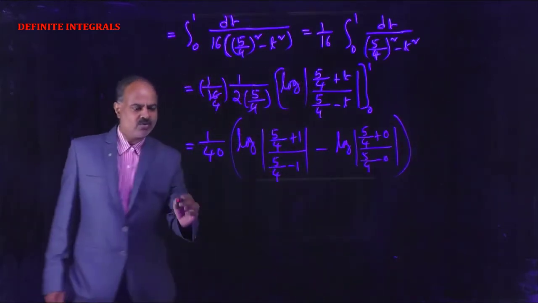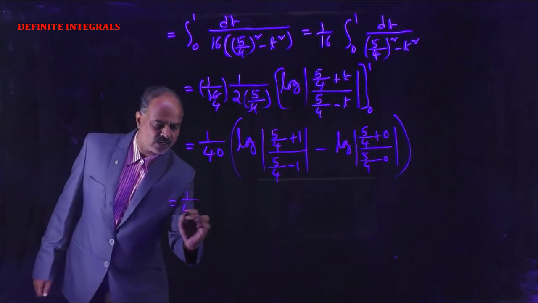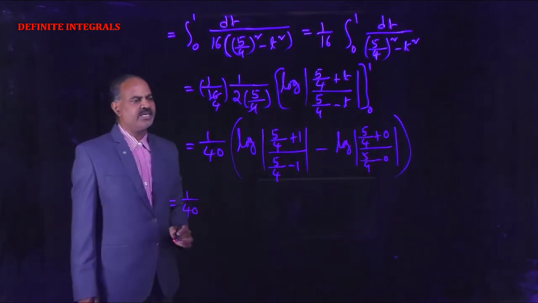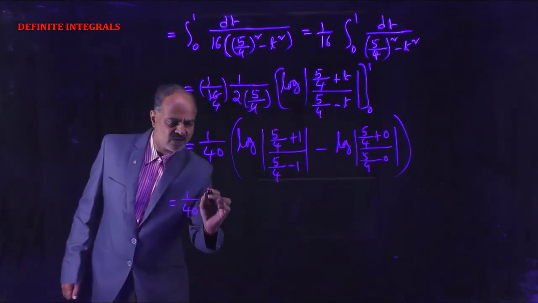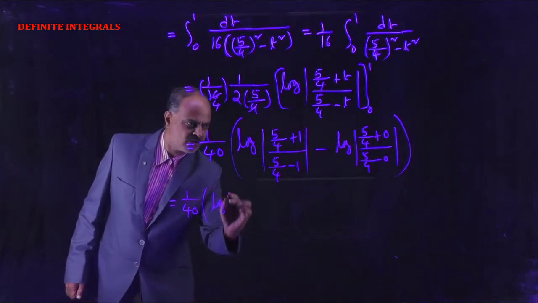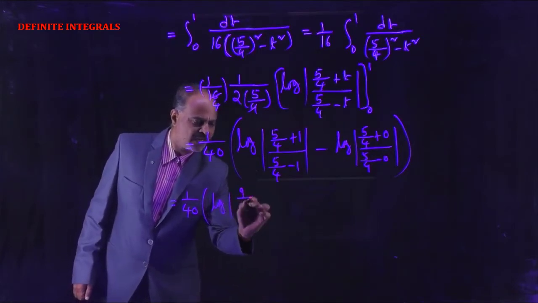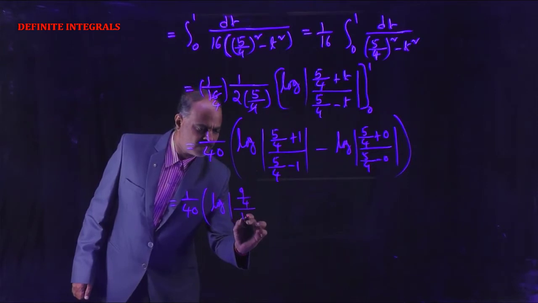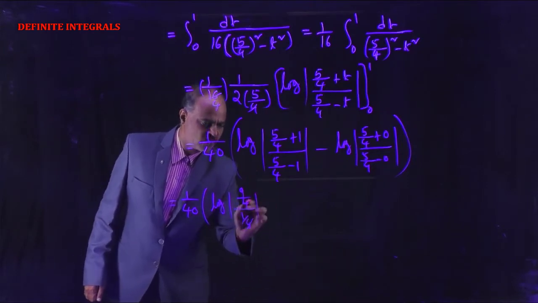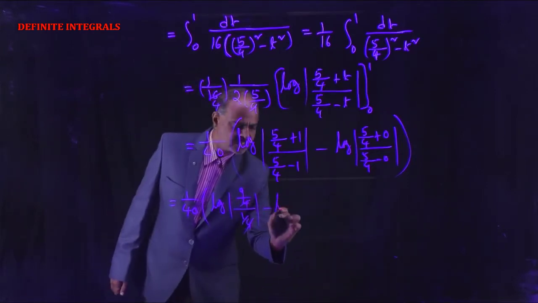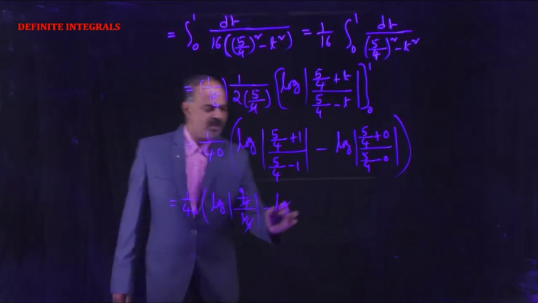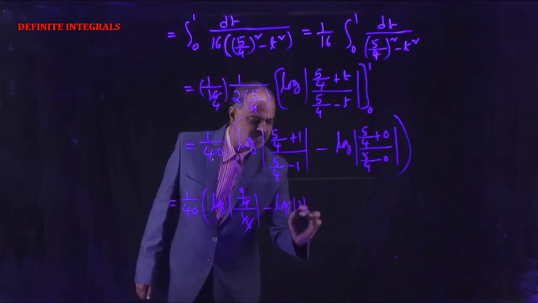Now this is equals to 1 by 40 into log modulus of 9 by 4 by 1 by 4. So here this 4 and 4 get cancelled, minus log 5 by 4 by 5 by 4, that is equals to log modulus of 1.